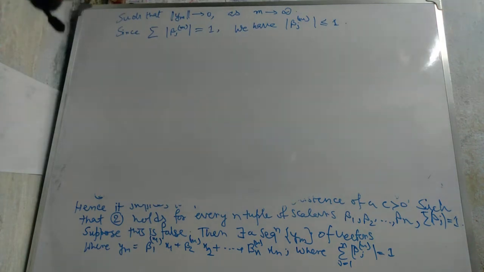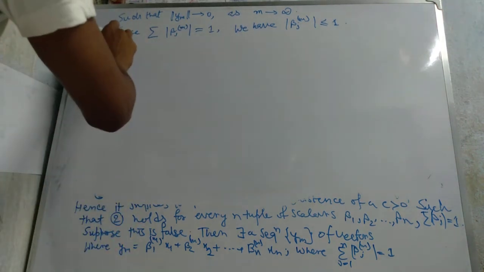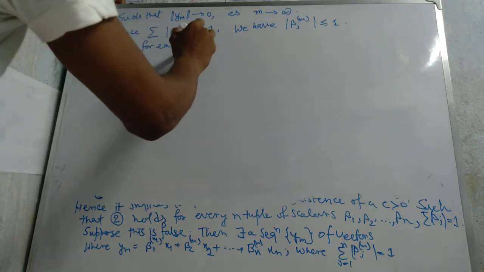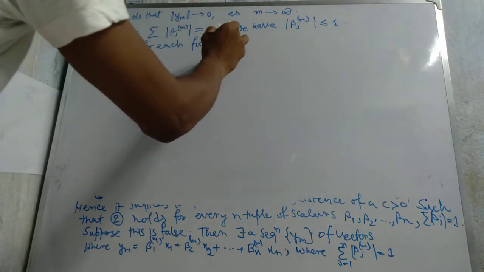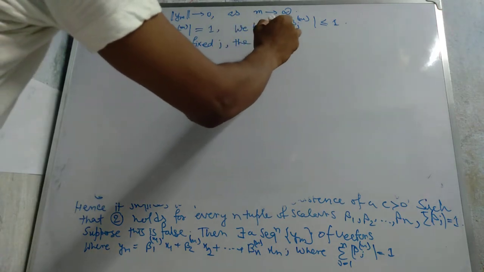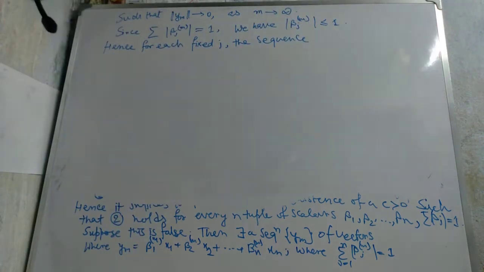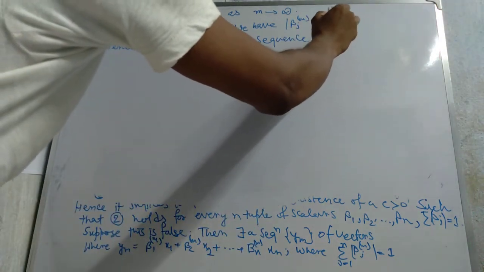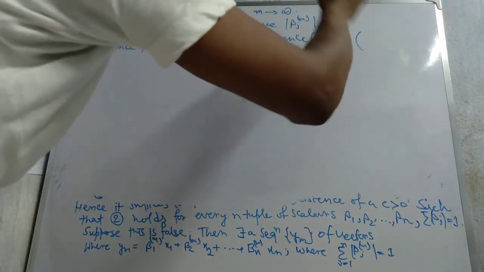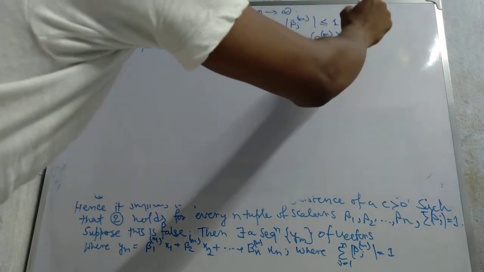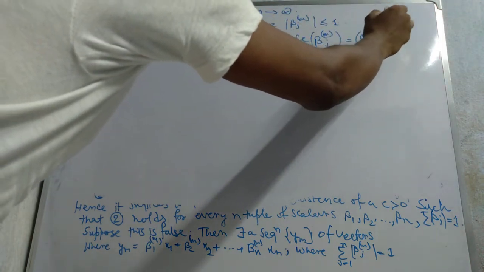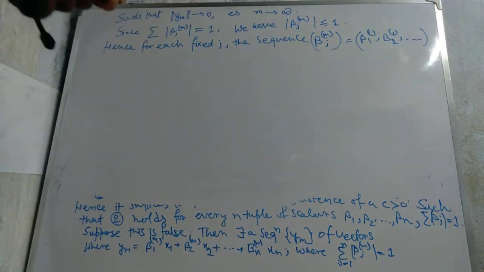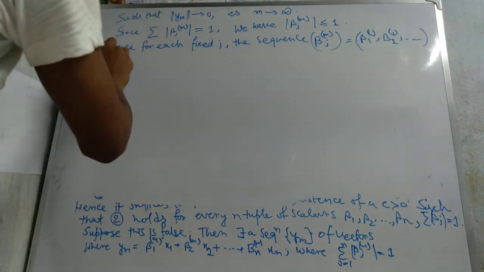Hence for each fixed j, the sequence beta jm, that is beta j1, beta j2, ..., is bounded.